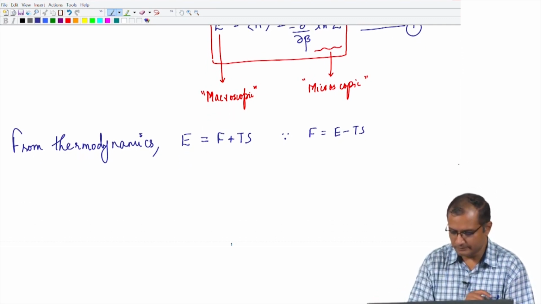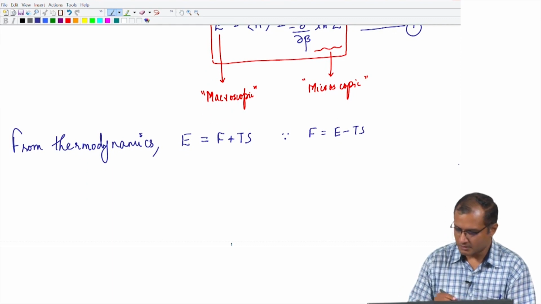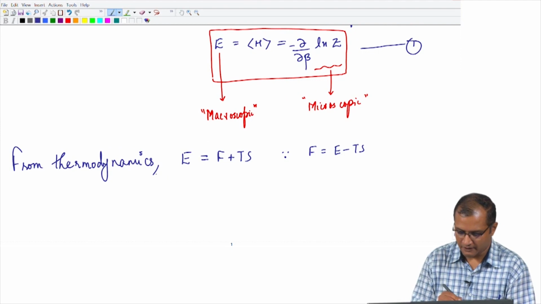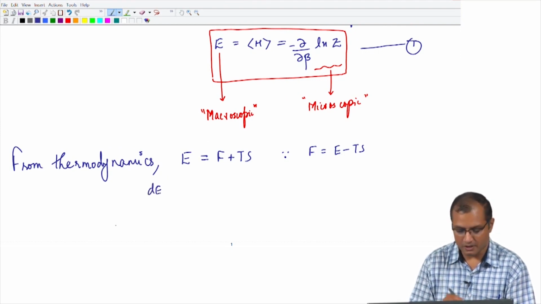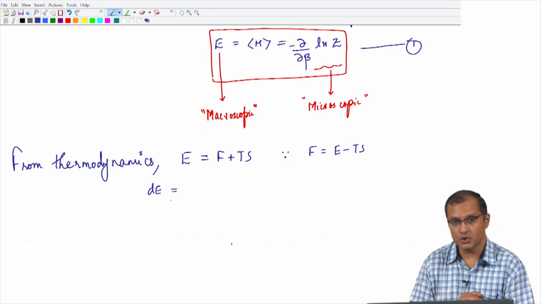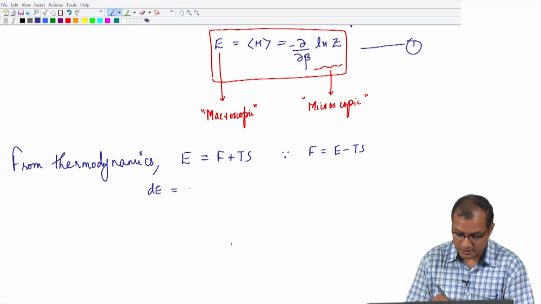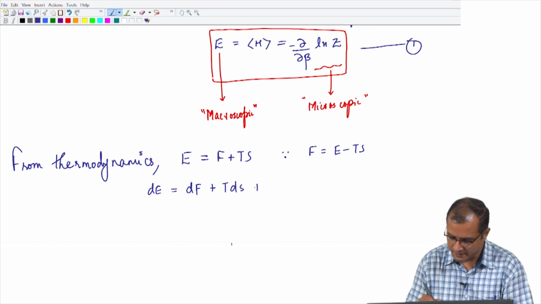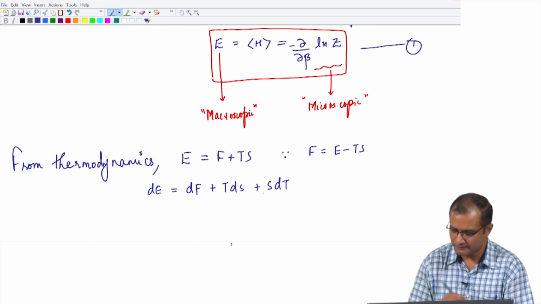So, just recall that if I take a derivative on both sides, a differential on both sides, a small change in internal energy is equal to a small change in free energy plus TdS plus SdT.